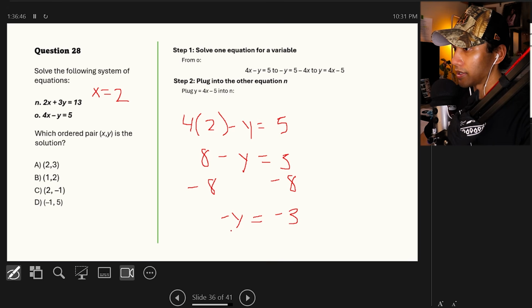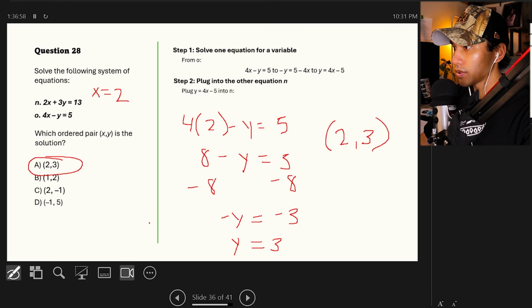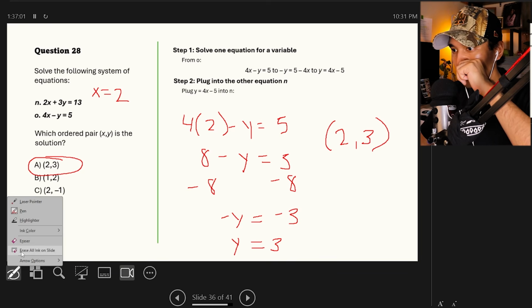And then we just flip the sign to change this to a positive y, and then we have y equaling 3. So our ordered pair is (2, 3), making answer choice A the correct answer.